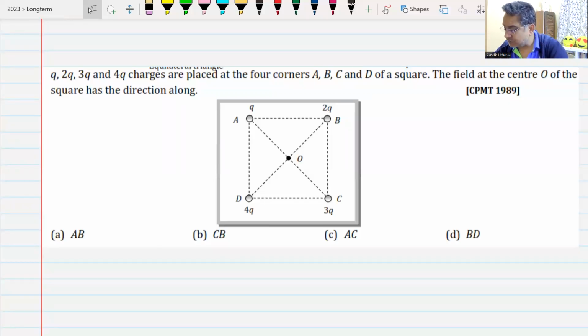So how are we supposed to do this? You must understand that this is the center of the square, so all the distances, if I call this distance as r, all the distances r are going to be same, yes or no? Yes, sir. And if the edge length is a, what will be the relation between a and r?